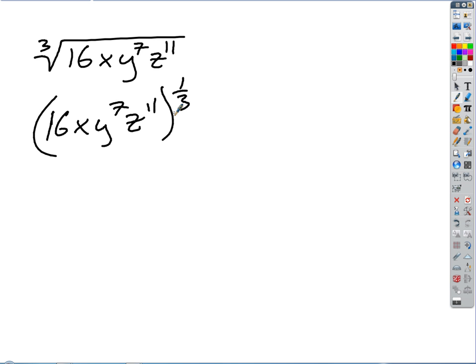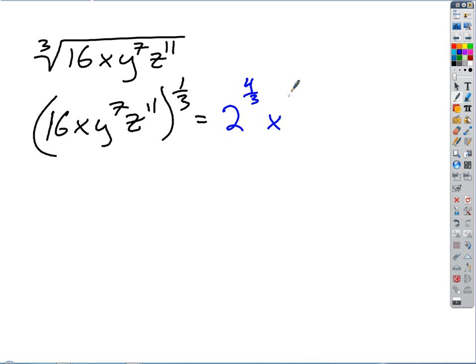If I distribute the 1/3, doesn't that just give me 16 to the 1/3? What is 16? It's 2 to the 4th, right? So let's include that step, as we're running out of time. We'll write that as 2 to the 4th to the 1/3, which is 2 to the 4/3, agreed?